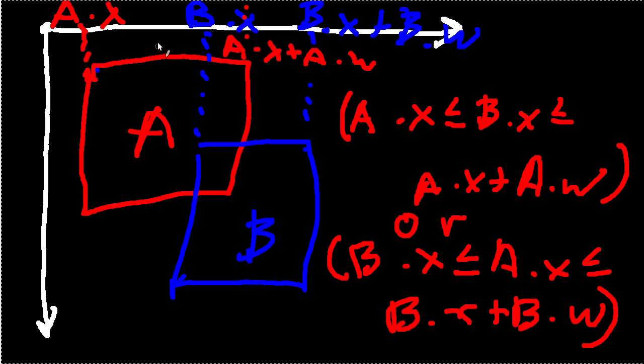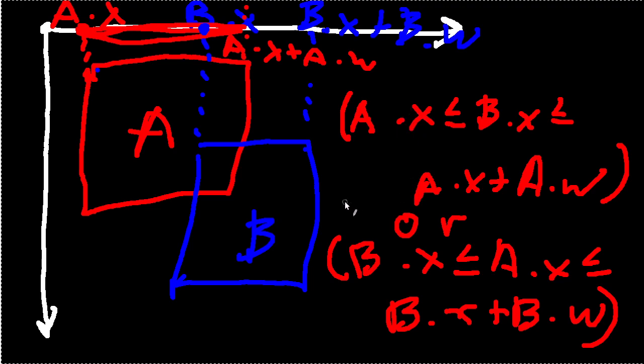So what we're looking for is, in this range here, is b dot x within this? So it's right here. So yes, that point right there. So that's what this statement is looking for.